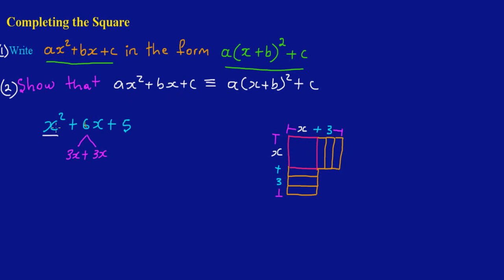Now I've taken my x squared, and as you have seen, I've drawn it first, the rose pink square where both sides are length x, and then I have divided my b into 2. I've taken half of it, and I've distributed 3 here and 3 here. Now for the final term, to determine what value I would get for my 5 here.